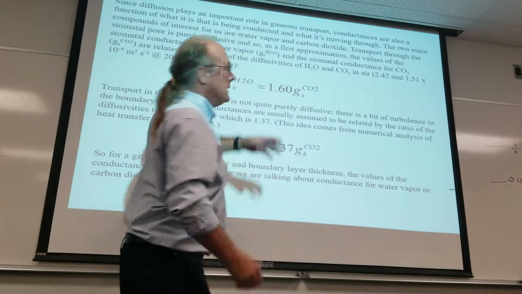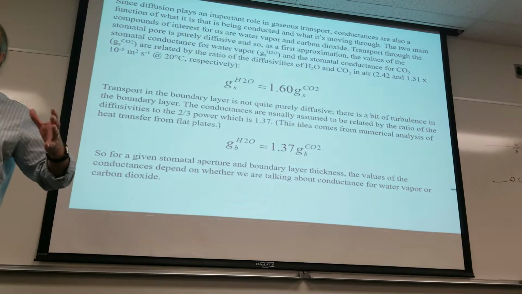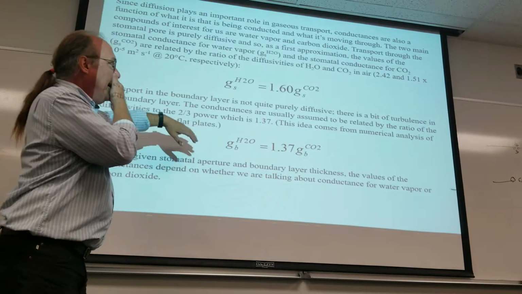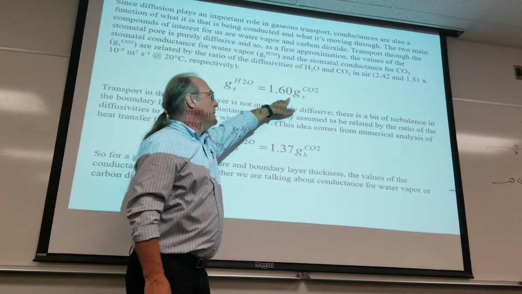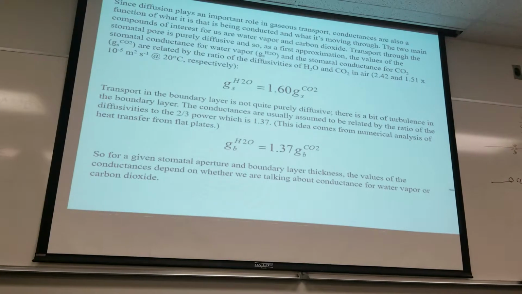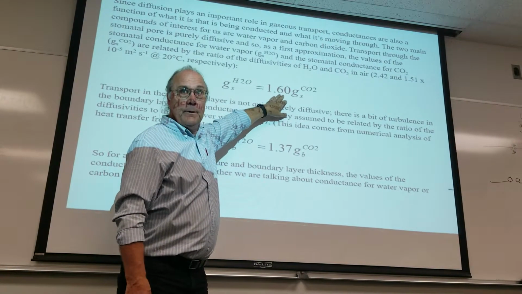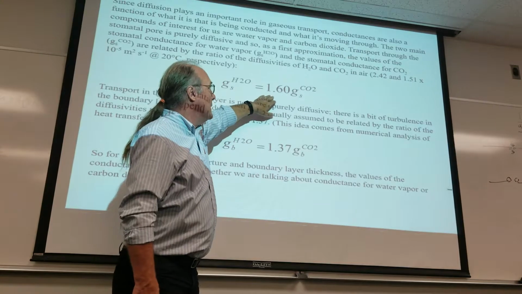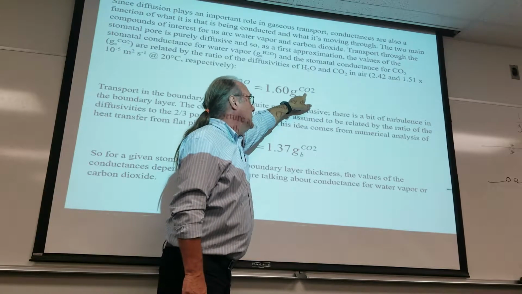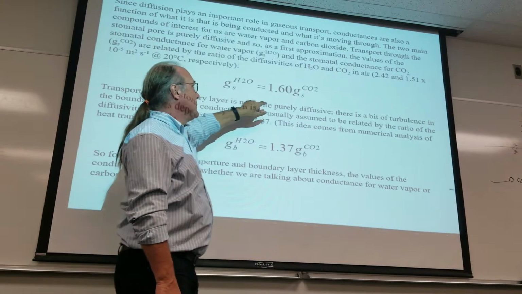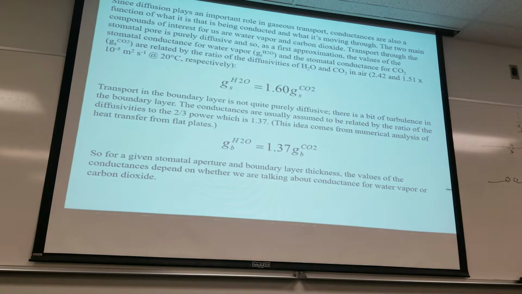That's because CO2 is a bigger molecule than water vapor, and so it diffuses slower than water vapor does through a given pathway. We can convert between stomatal conductance for water vapor and stomatal conductance for CO2 by using this factor of 1.6. That's the ratio of the diffusivities of water vapor and CO2 in air. So the stomatal conductance for CO2 is 1.6 times smaller than the stomatal conductance for water, because it's a bigger molecule and diffuses slower.